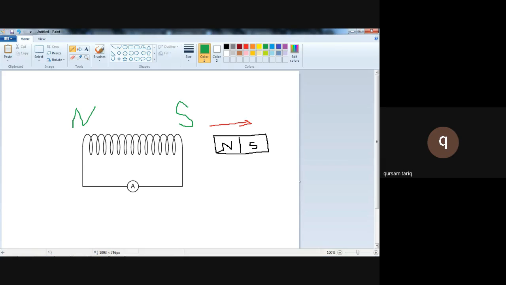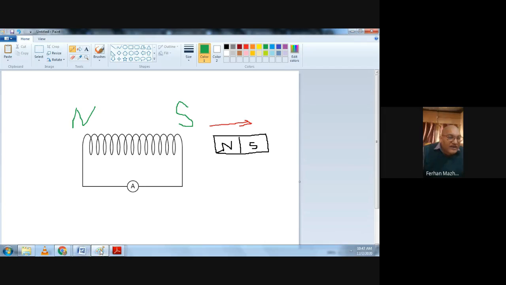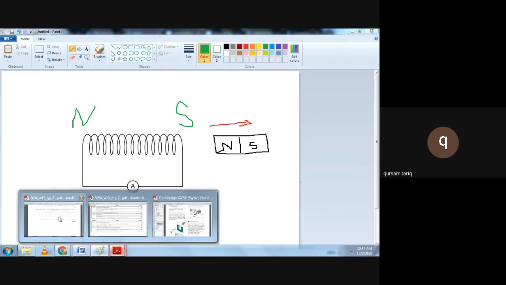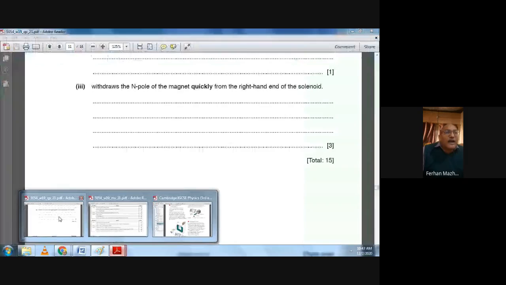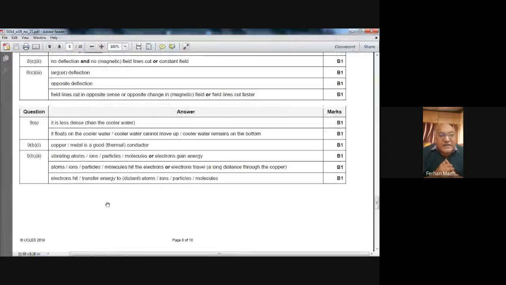Sir, should I read my answer? Have you written your answer? Yes. Okay, I am also showing the marking scheme, if you are able to see it. Please read your answer. It's a 3 marks part. When N pole is withdrawn, there will be change in magnetic flux in the solenoid.